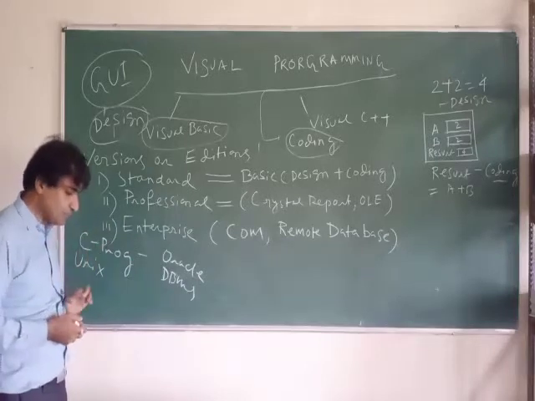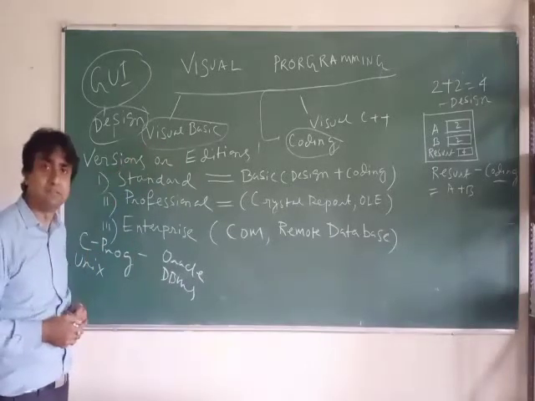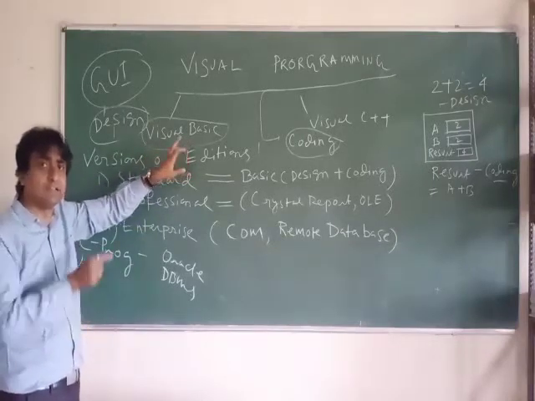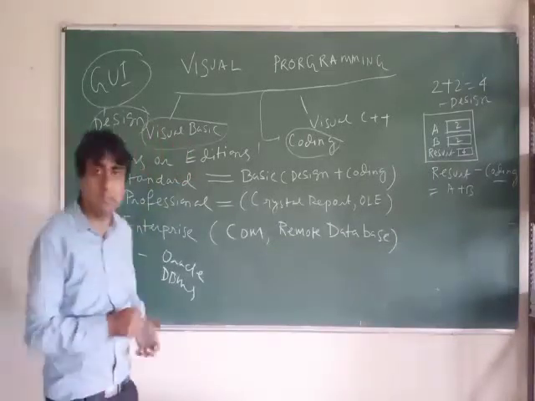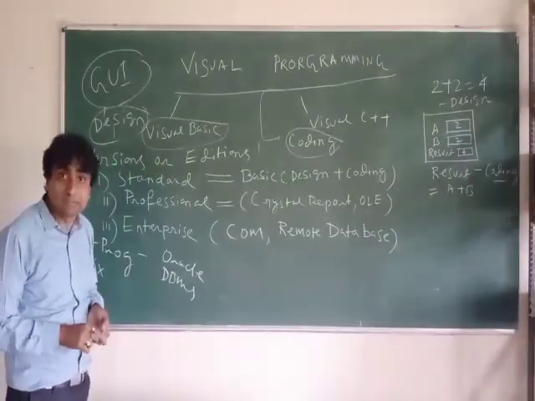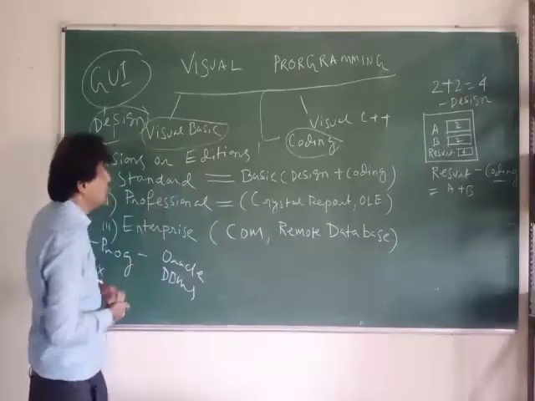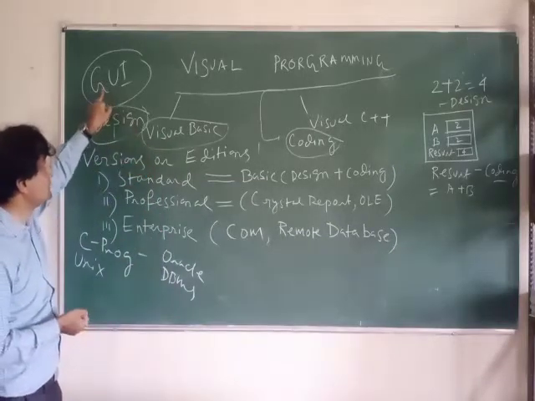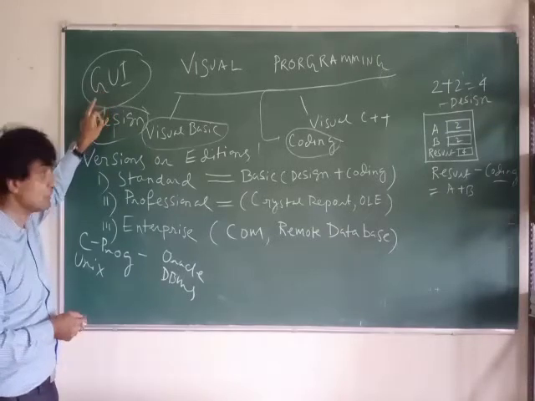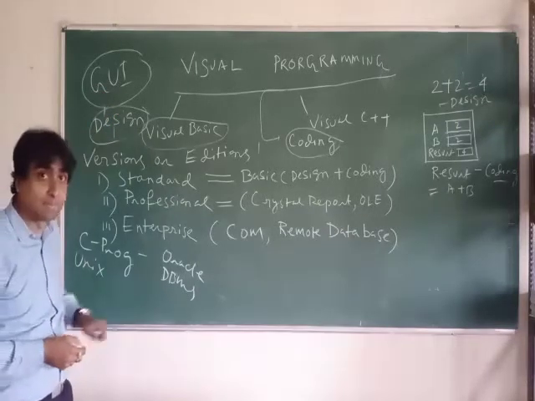Now, see here, Visual Basic. Visual Basic is also visual programming. Now we can write the definition of Visual Basic. Visual is GUI, graphical user interface, which is nothing but design.